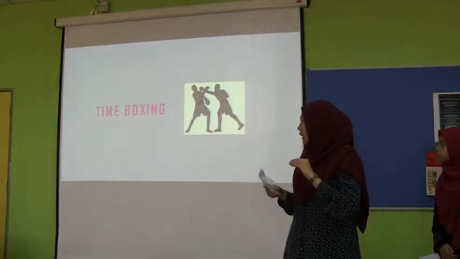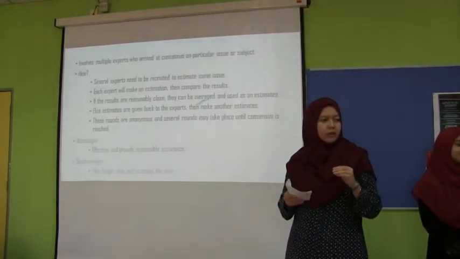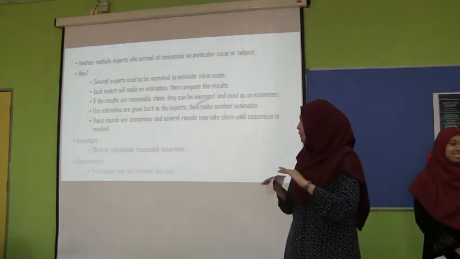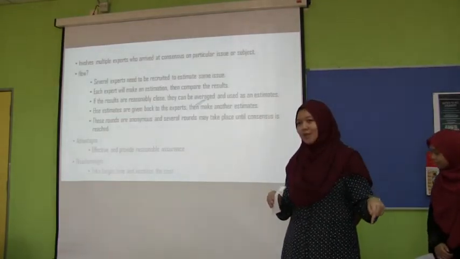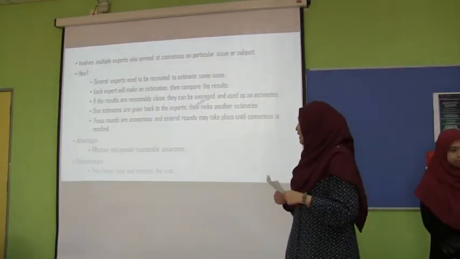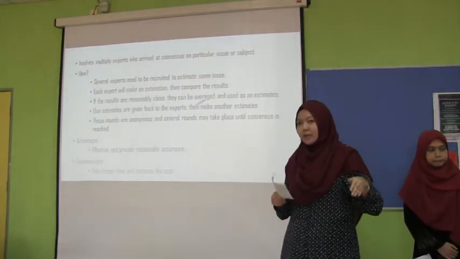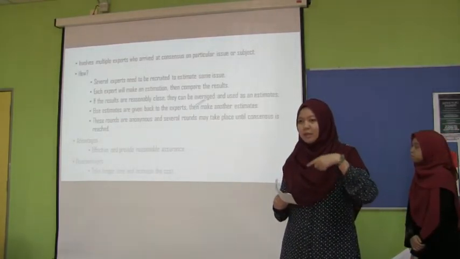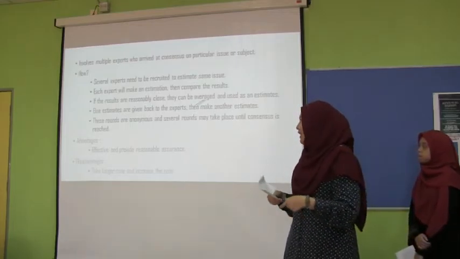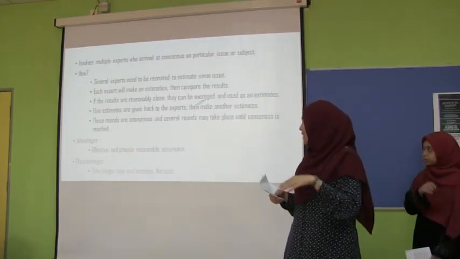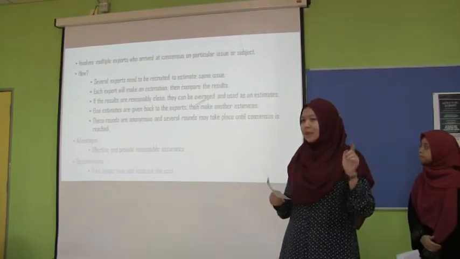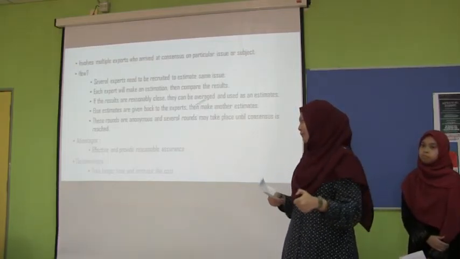If the results are reasonably close, they can be averaged and used as an estimate. Otherwise, the estimates are given back to the experts and then they will make another estimation. These rounds are anonymous and several rounds may take place until consensus is reached.